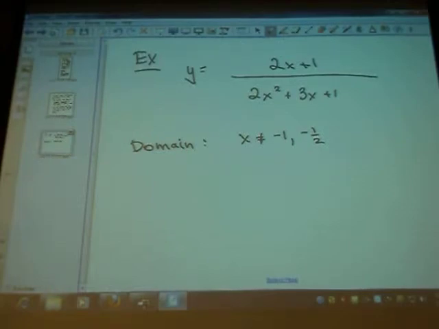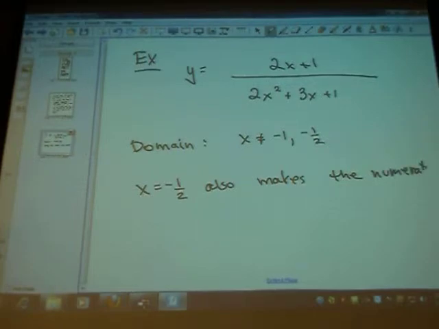Okay, now let's look at those 2 points and see what they do to the numerator. Do either of those make the numerator equal to 0? Yes. Which one? -1/2. Okay, -1/2 also makes your numerator equal to 0.